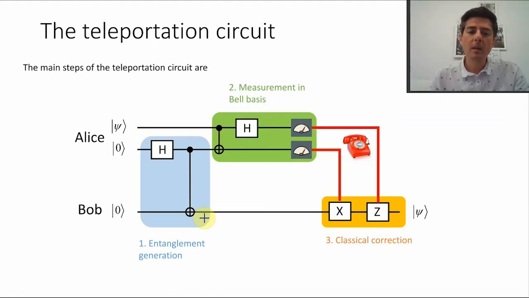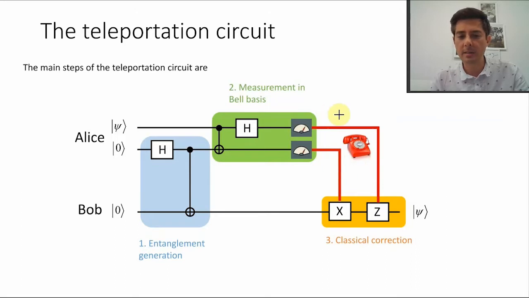The second part of the circuit is a measurement in the so-called Bell basis. It's actually doing a measurement in an entangled state basis. I'll explain what that is shortly. And thirdly, there's the classical transmission of information.